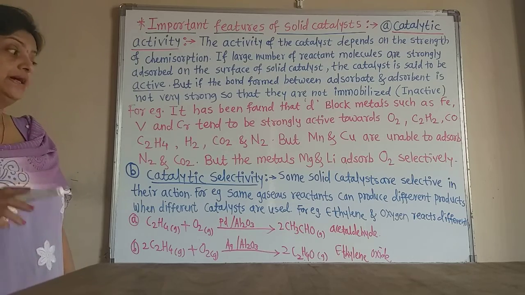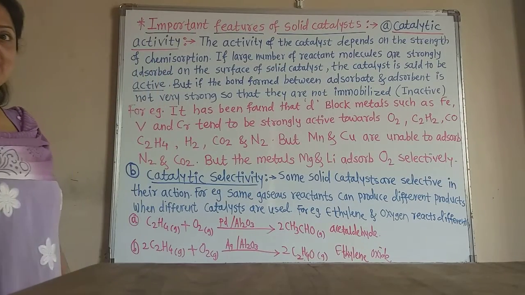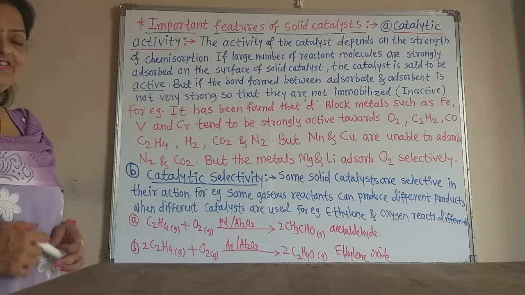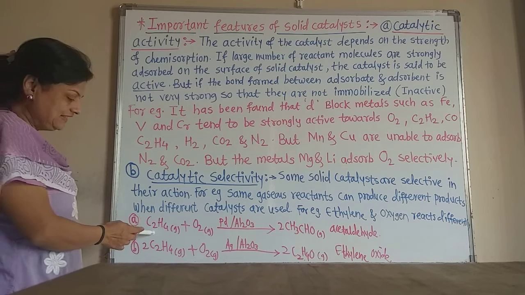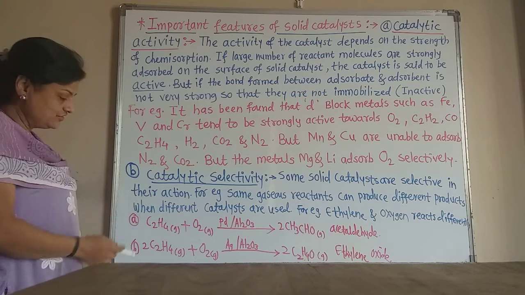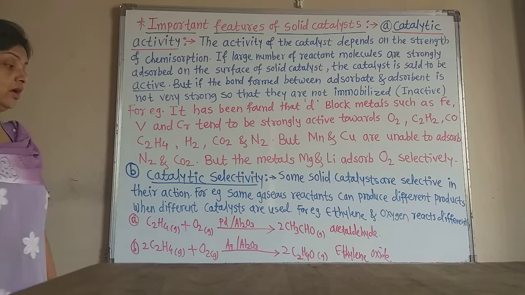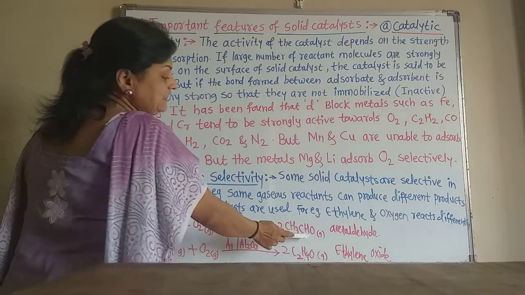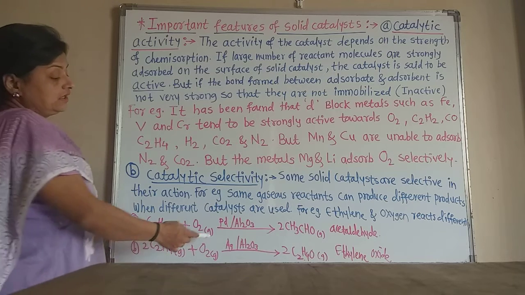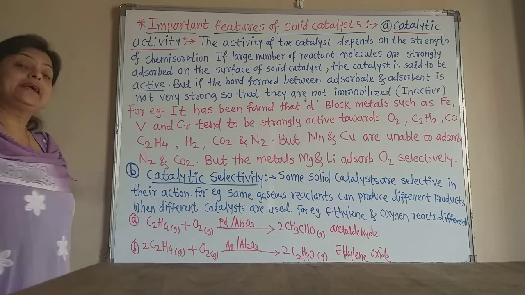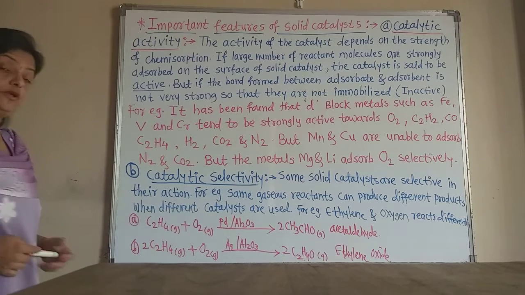For example, ethene and oxygen react differently when they adsorb on different catalysts. C2H4 ethene gas and oxygen gas produce acetaldehyde when a palladium catalyst is used with alumina, the aluminum oxide.